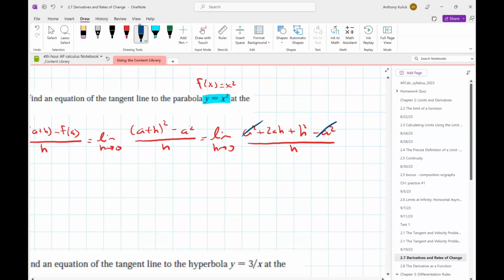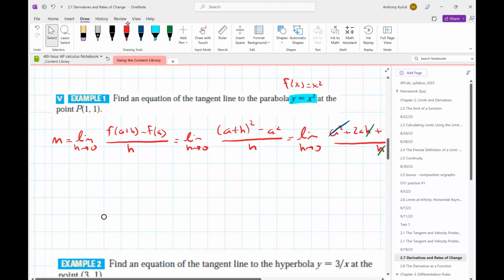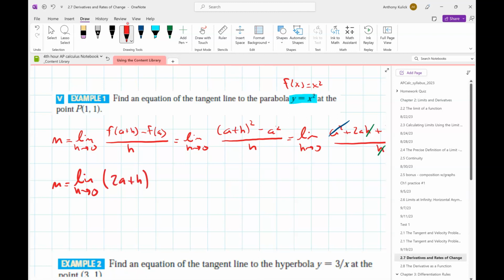The a squareds cancel out. Anything else? Factor h. Yeah, I can reduce out an h, right? I'm going to just do it that way rather than showing the factoring and then reducing. I'm just going to reduce an h out of everything. Well, that's really lovely. So what do we have left then? We just have 2a plus h.